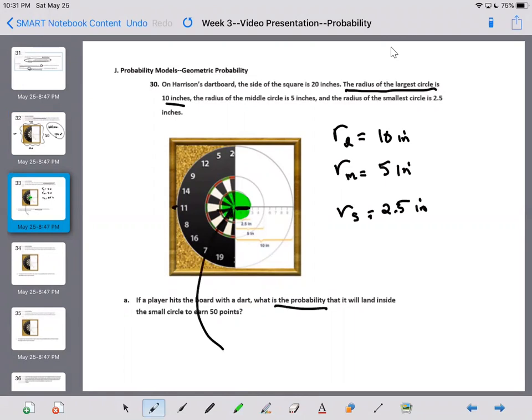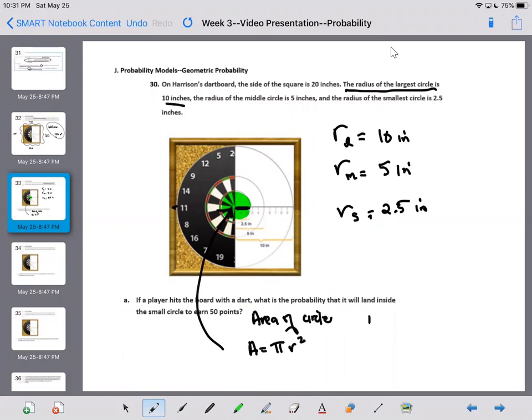Well, we just do some computation. We want the area of the circle, and that is pi times the radius squared. That's your formula. So we take the radius of the smaller circle, which is 2.5.